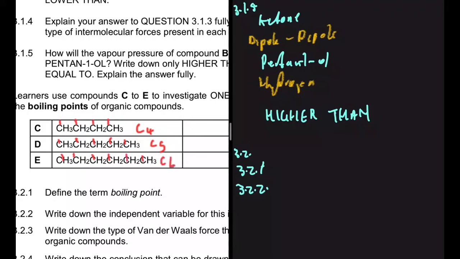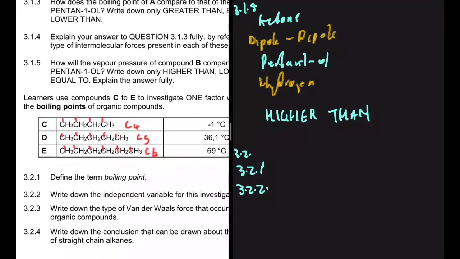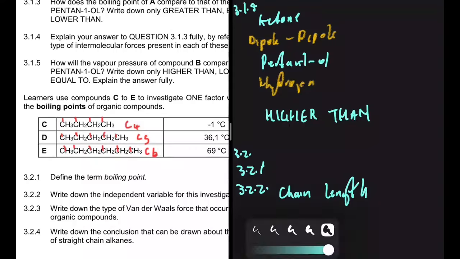So it seems like our independent variable, what we are changing, is the chain length. We can see that from the number of carbons in the compounds. So the answer to 3.2.2 would be chain length, or the molecular mass, because as the chain length increases, the molecular mass also increases.